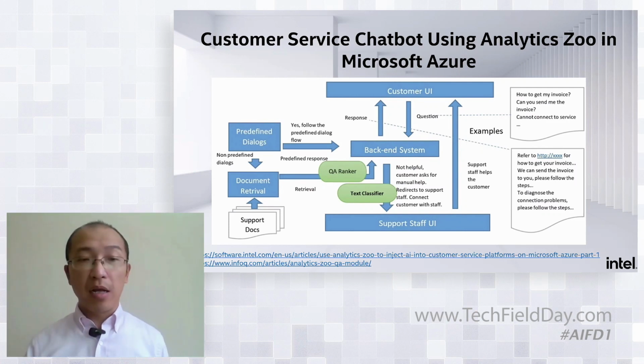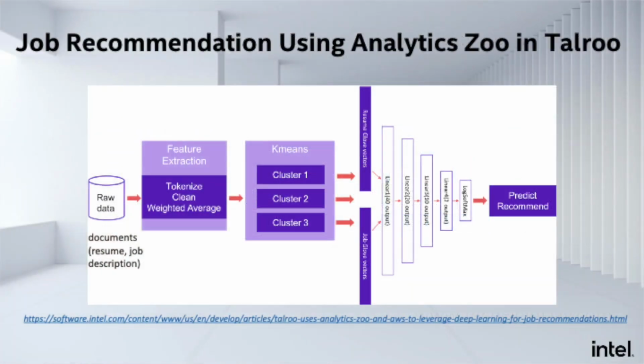We have 2 technical blogs published. As you can see here, there are more technical details in that. But essentially, this is a very interesting example of how people use the NLP capabilities built on top of some of the built-in models provided by Analytic Zoo to provide this customer service chatbot.